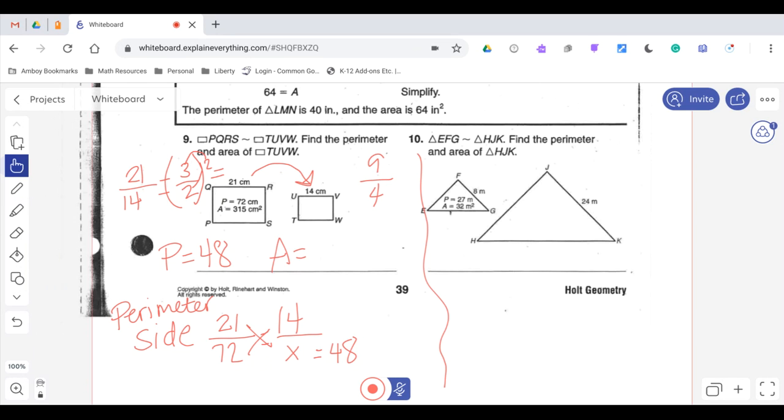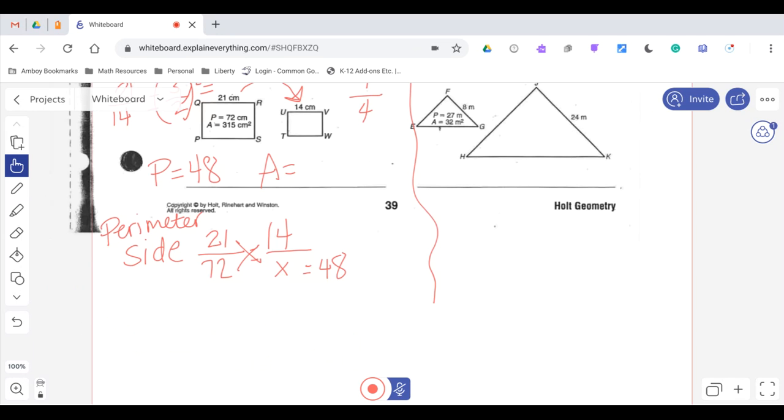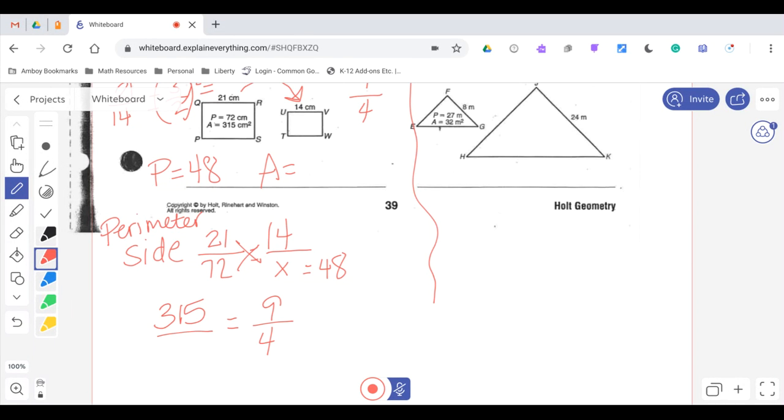Okay. So now I can say, all right, well, if the area of the first shape is 315, I want to know what's the area of the second shape supposed to be if we're equal to a ratio of 9/4.